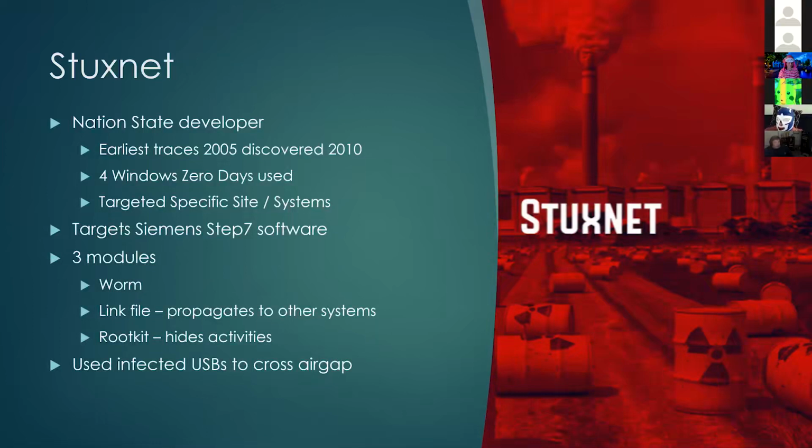It had 3 modules, which the worm, it would look, see if it was already installed. If it was, it would delete itself. If not, it would install itself and then look for other computers to spread itself to.